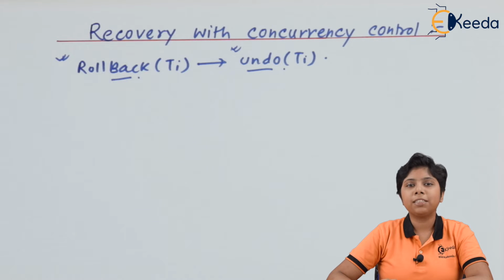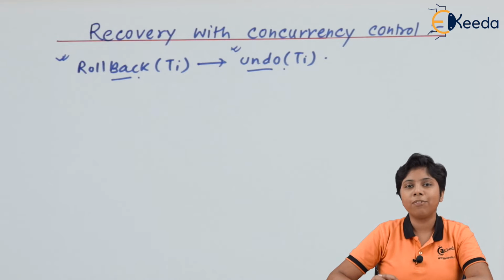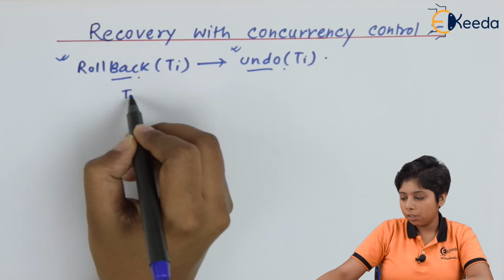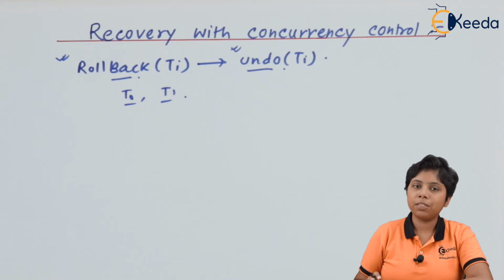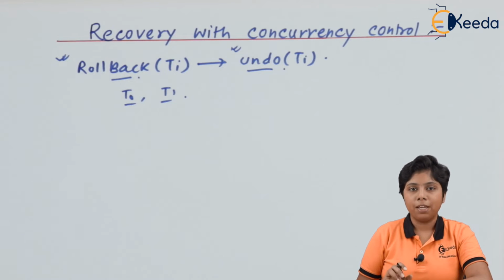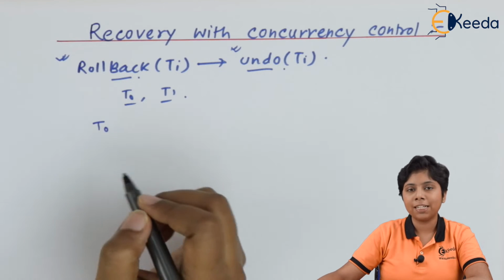But suppose there is some problem with the concurrent nature of this recovery. We cannot just undo and roll back as with an isolated transaction. Suppose we have two transactions, T0 and T1, executing concurrently, with logs predefined with a timestamp. Say T0 has modified a data item Q and it is rolled back.